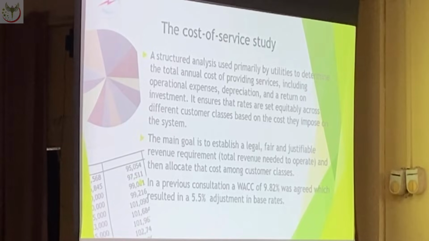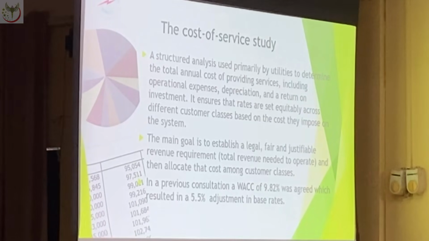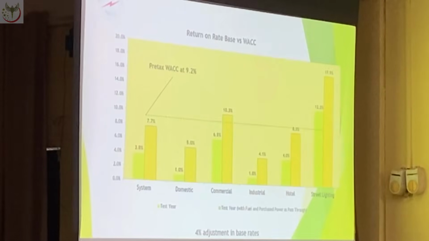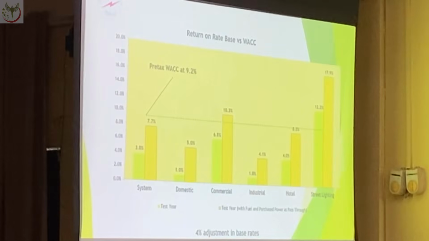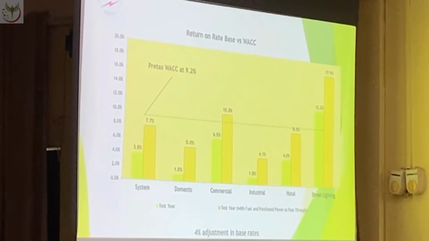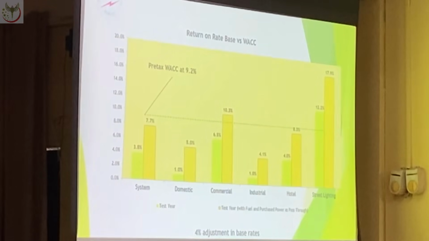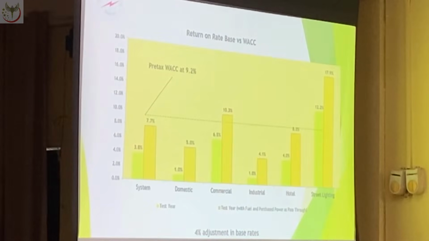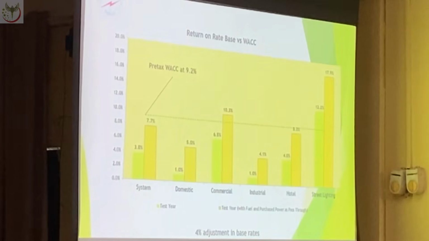That is the revenue required for DOMLEC, and that also was agreed. However, DOMLEC has decided to reduce this to a 4% adjustment, right? So the 4% adjustment in base rates results from a 9.2% WACC, note that is below the industry standards.